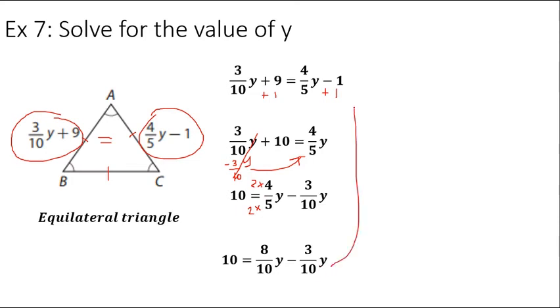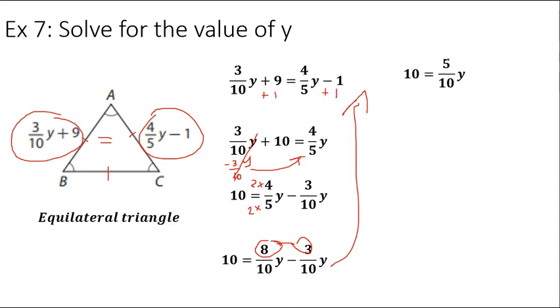Okay, I'm going to continue up here. When I combine these two terms with the same common denominator, all I do is take 8 minus 3. So 8 minus 3 is 5. So here I get 10 equals 5 over 10y.